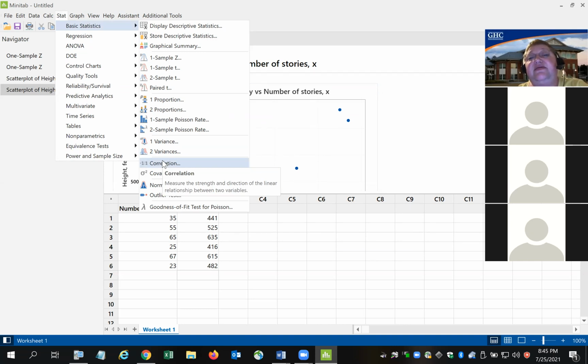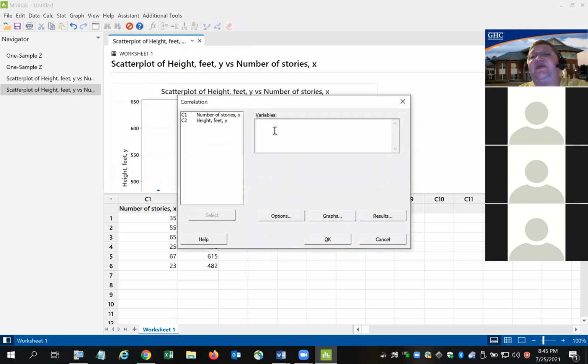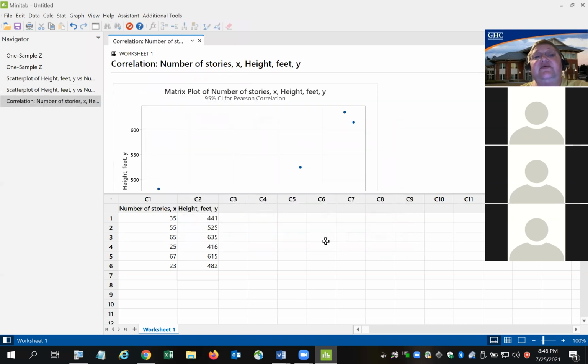That's a new path. Stat, Basic Statistics, Correlation. It asks me, what two things do you want to relate? I want to relate the number of stories to the height. Choose them both, and I click OK.